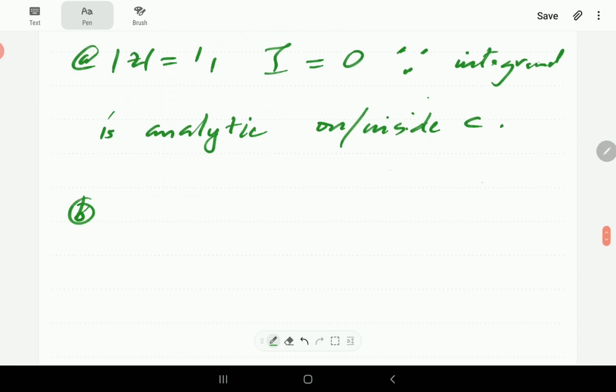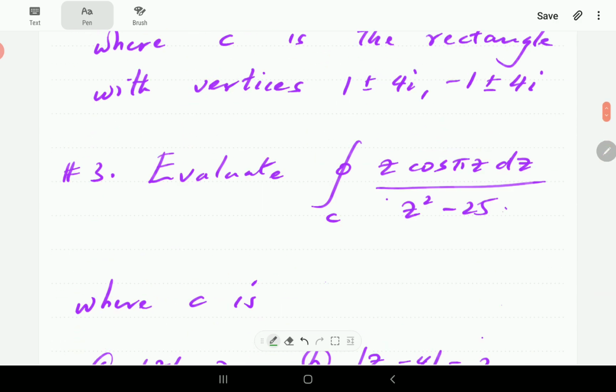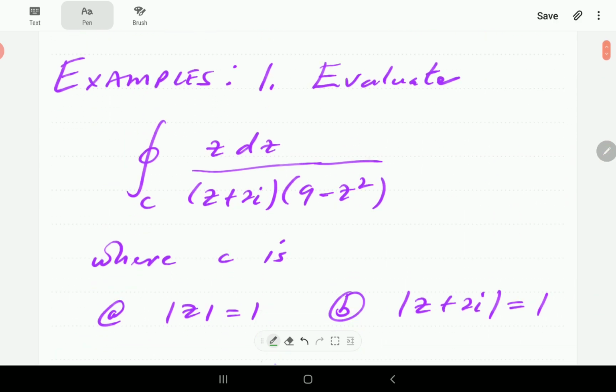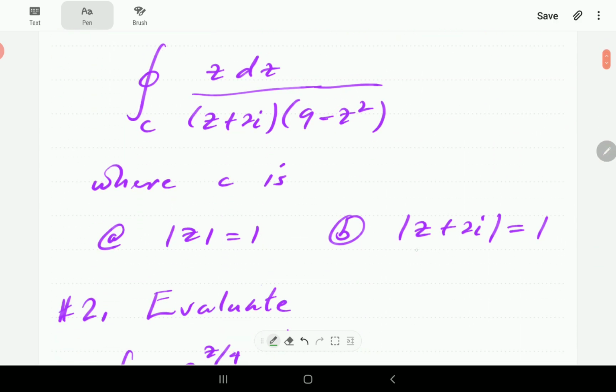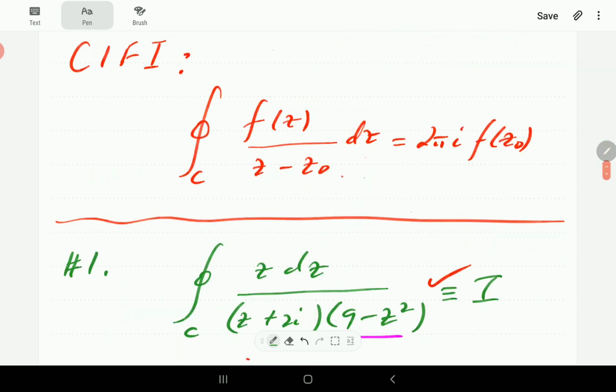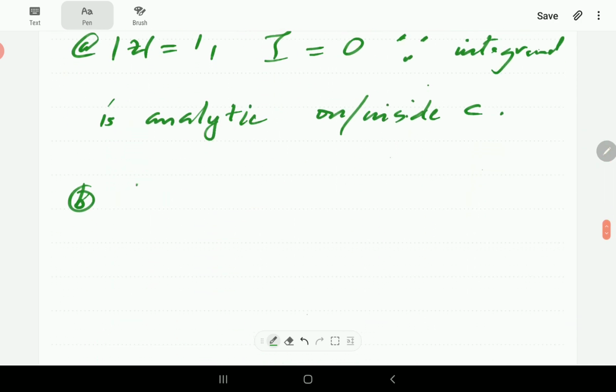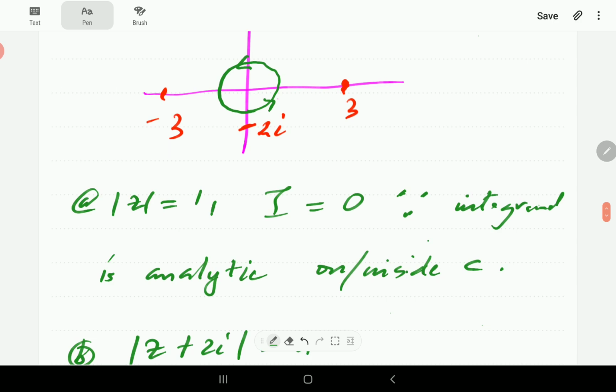Then in part B, we've got mod z plus 2i equals 1. So this one is going to be a circle centered at negative 2i with radius 1.